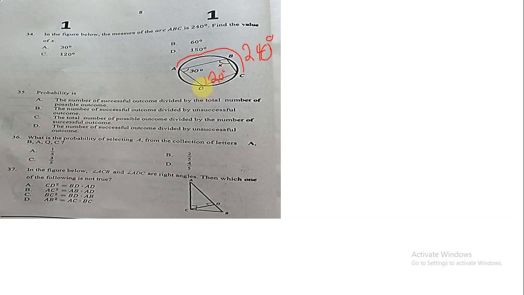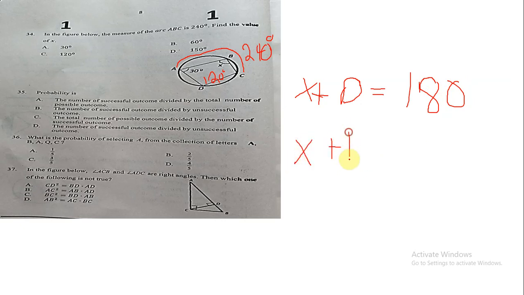In place of D. Now x plus D is equal to 180. That means x plus 120 is equal to 180.